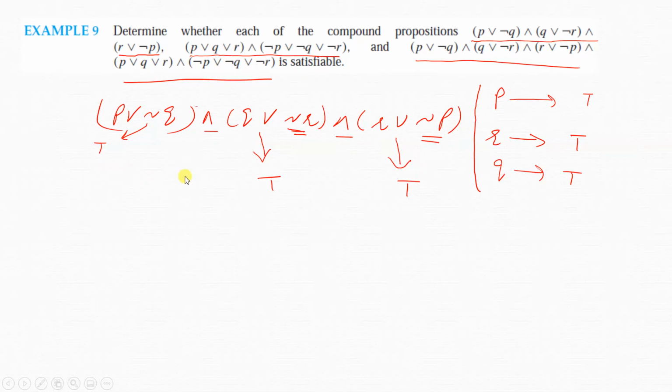Now we have a conjunction of all true propositions, so this compound proposition is true for this assignment of variables.